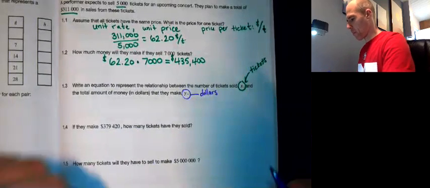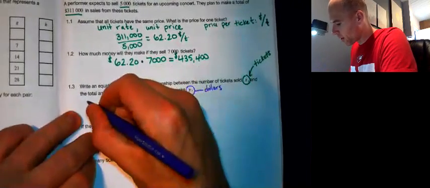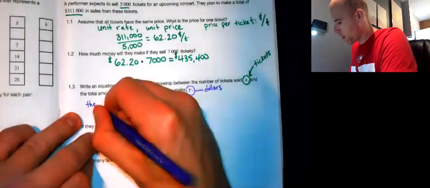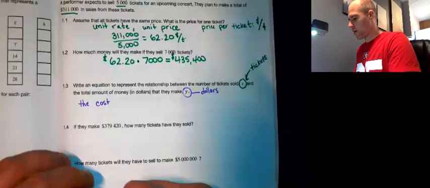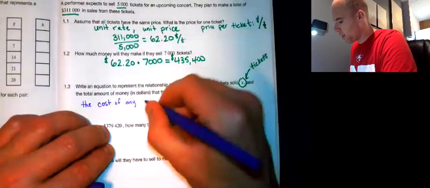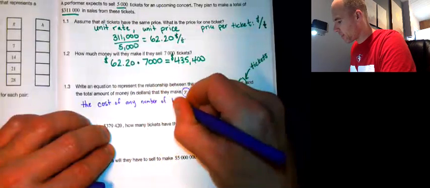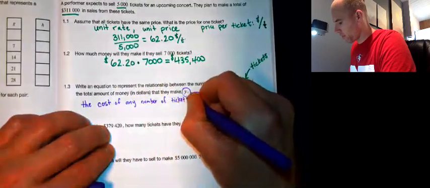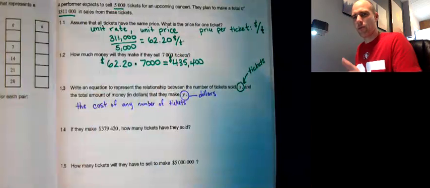I know that the cost of any number of tickets equals the price times the number of tickets. If you're doing this on Desmos, you can't write this stuff, right?